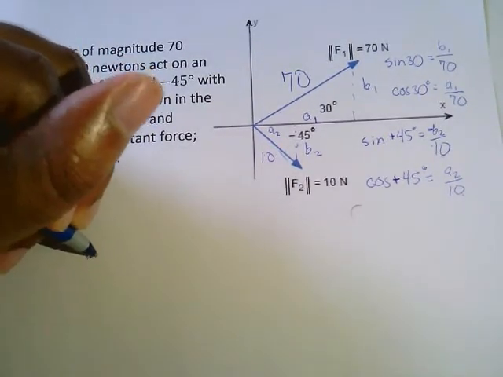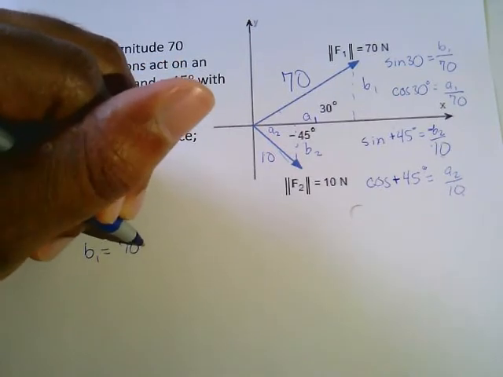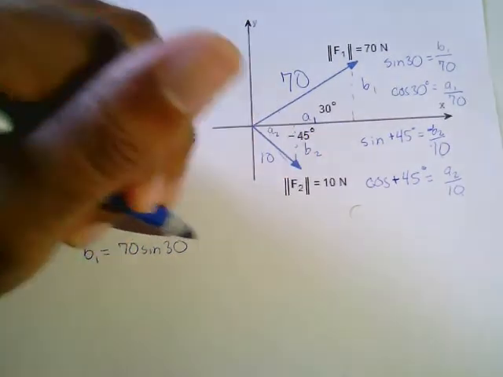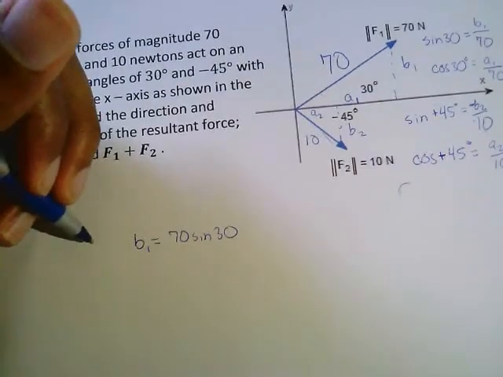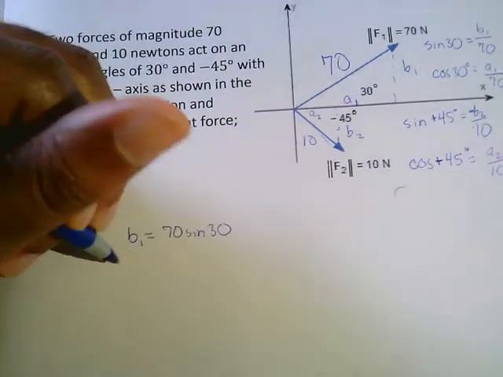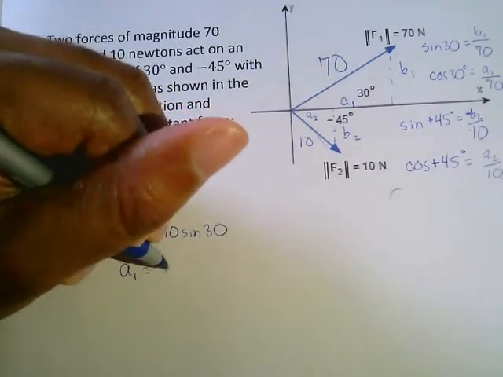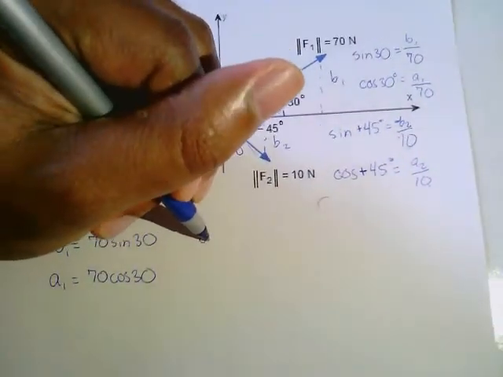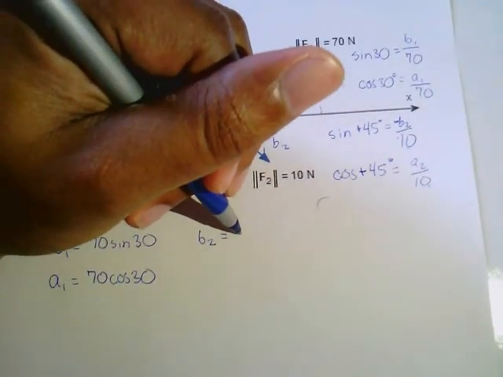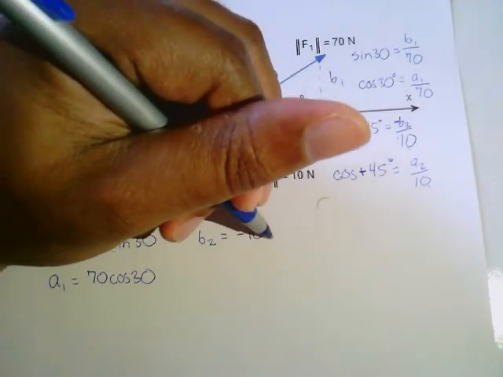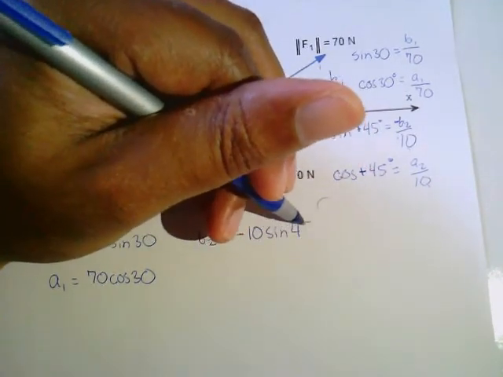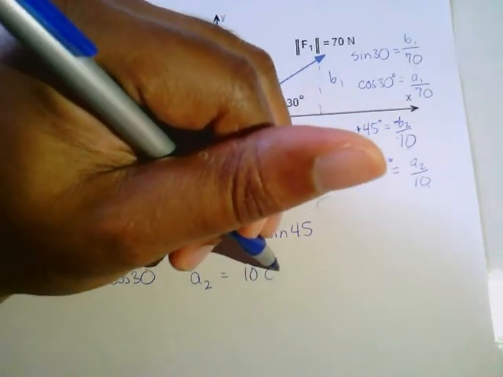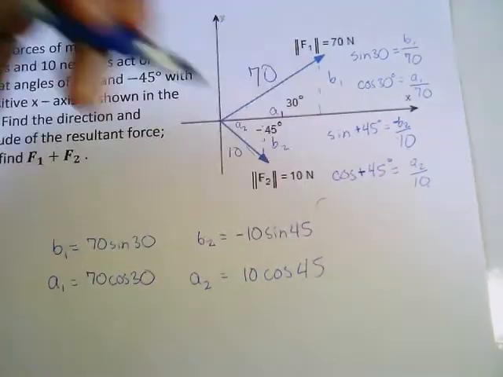So B1 will equal 70 sine 30, and A1 will equal 70 times cosine 30. B2 will equal -10 times sine of 45. And then A2 will equal 10 times cosine of 45.